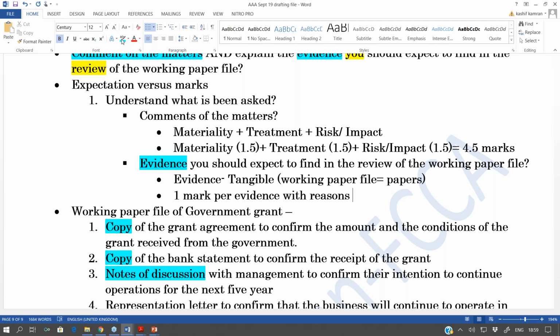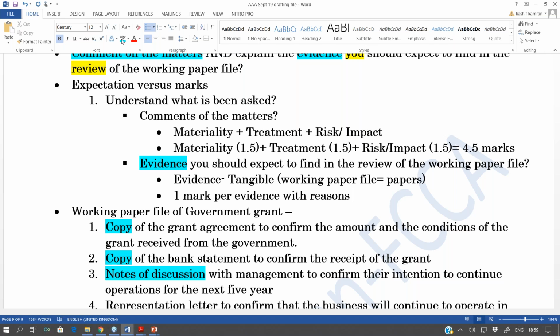Then when you look at the evidence question, it consists of comment on the matters. Is everyone clear that when we write comment on the matters, we write materiality, treatment, risk, and impact, just like we were doing yesterday on a risk of material misstatement question, and we will be scoring 4.5 marks. And then we are writing the evidence in the working paper file. In terms of the evidence in the working paper file, you need to think about a copy, notes, results, because these are some things which should come in the working paper.